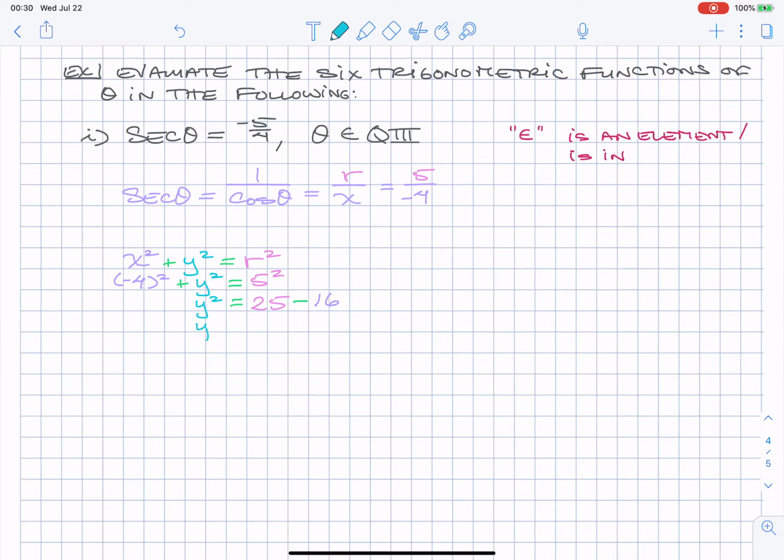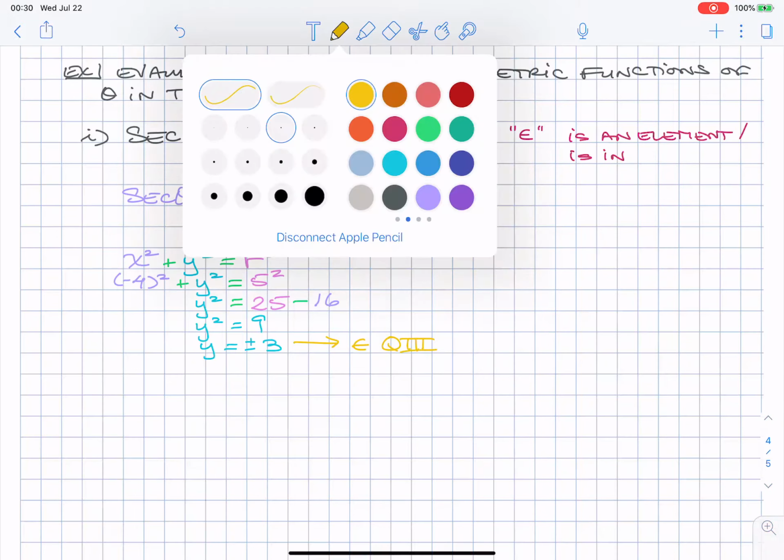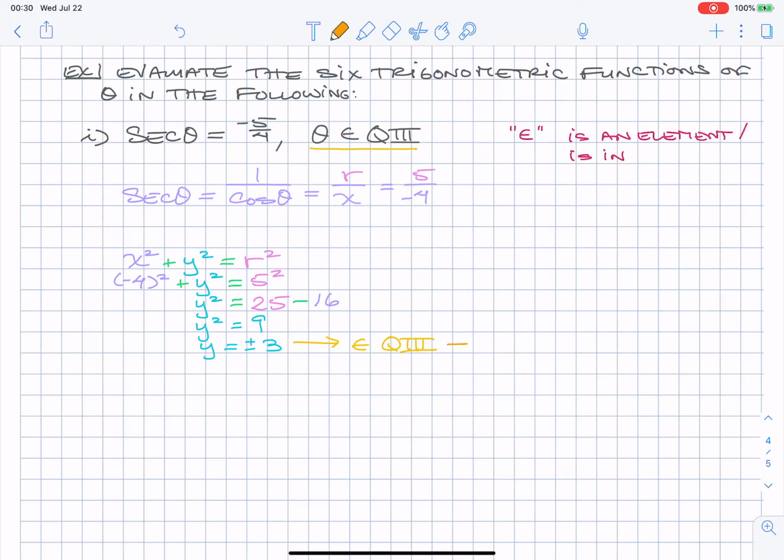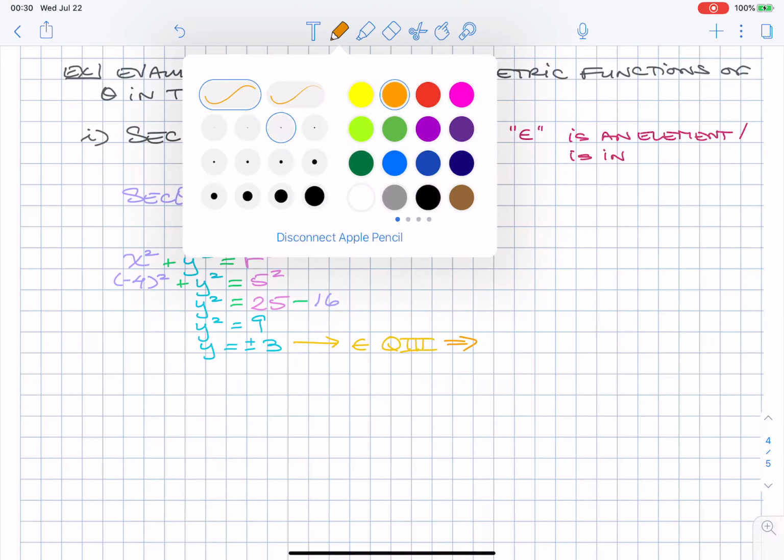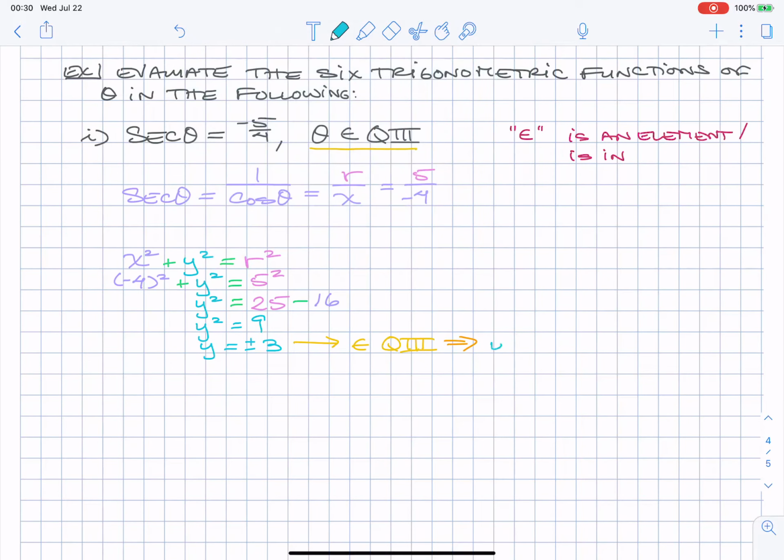So y squared will be 9. So y is actually plus or minus 3. But since we're in quadrant 3, the y coordinate in quadrant 3 means that this implies y is -3.